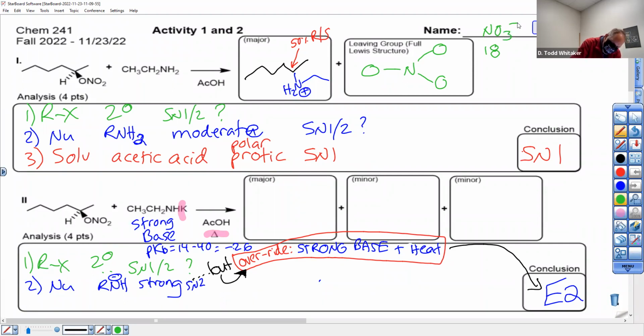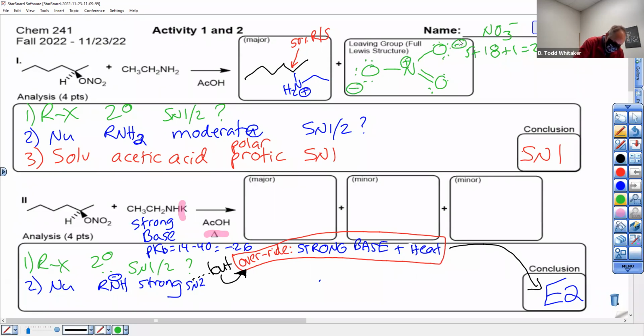5 plus 18 plus 1. That's 24. 2, 4, 6, 8, 10, 12. And yeah, we're running out of there. Almost done. Got to put a minus charge on each O, correct?